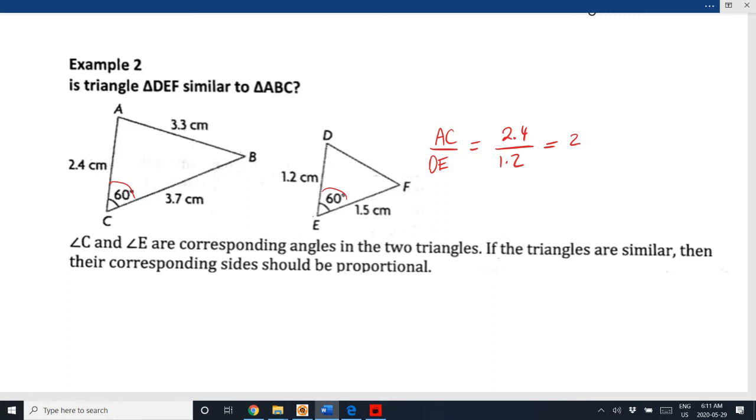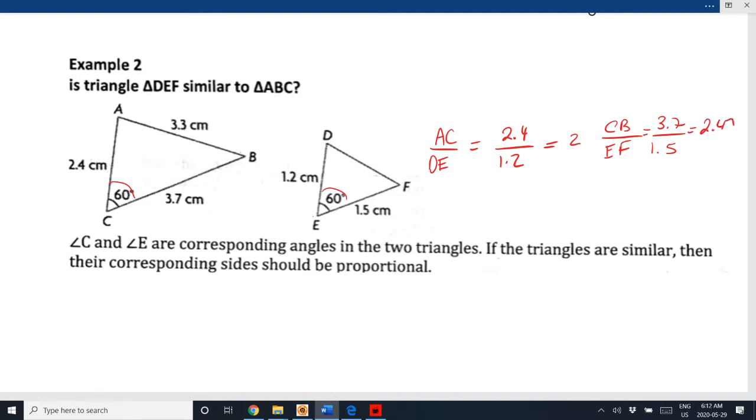Now let's check from C to B and E to F here. And if they're similar, they should have the same scale factor all around. So C to B, sorry, to E to F. On this triangle, we're going to get 3.7 over 1.5. I think you'd already see that this is not the same.